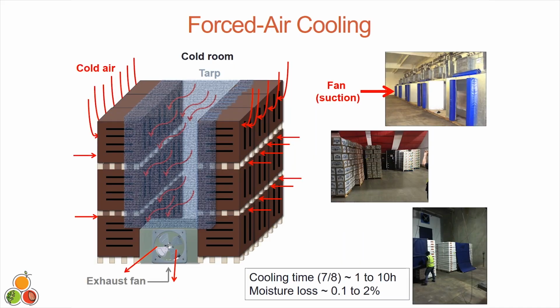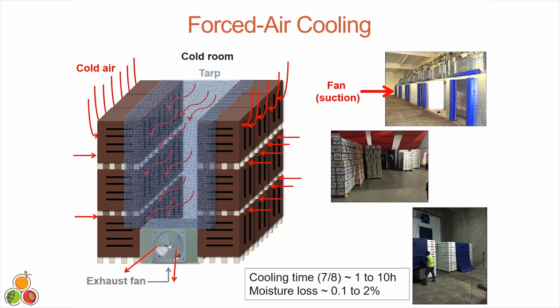So just by forcing air through the boxes, typically how this is done is you have a tarp that creates a pressure differential within the separation of two bins or two rows of product, and you're very simplistically using a fan to force air through the boxes.